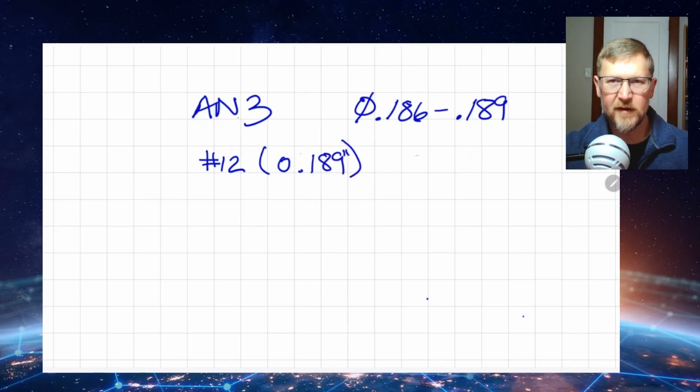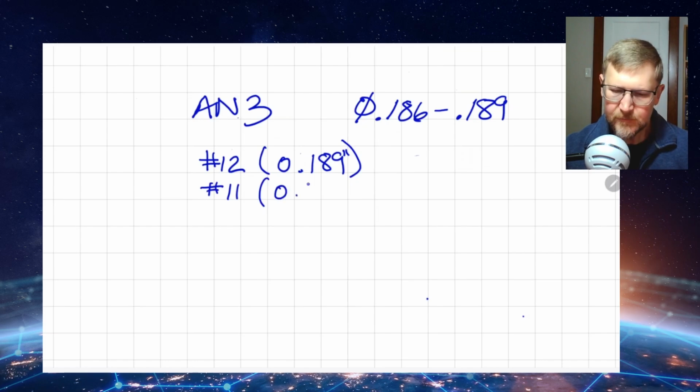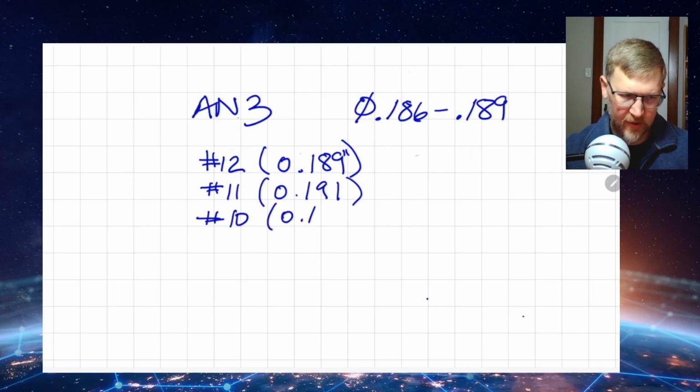But you can see that's basically line to line with the largest diameter of the bolt. This would probably classify as a transition fit if you were to drill a hole to this size. If I start going bigger, which of course the numbers get smaller when I go bigger, you're going to have 0.191. Number 10 is, depending on how precise you get, 0.1935.